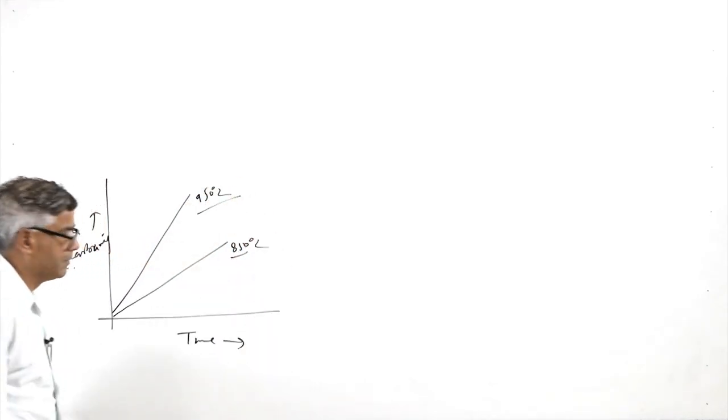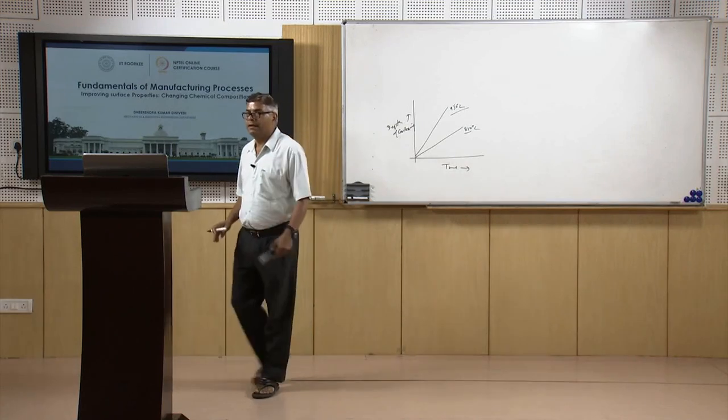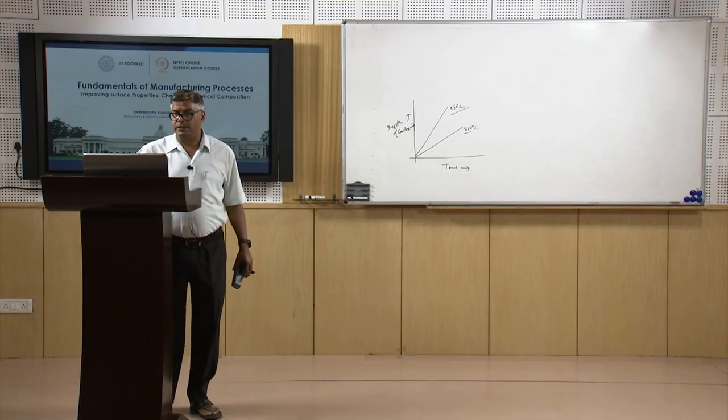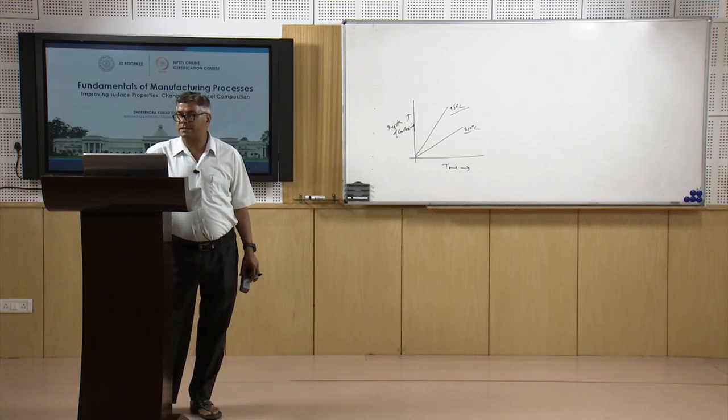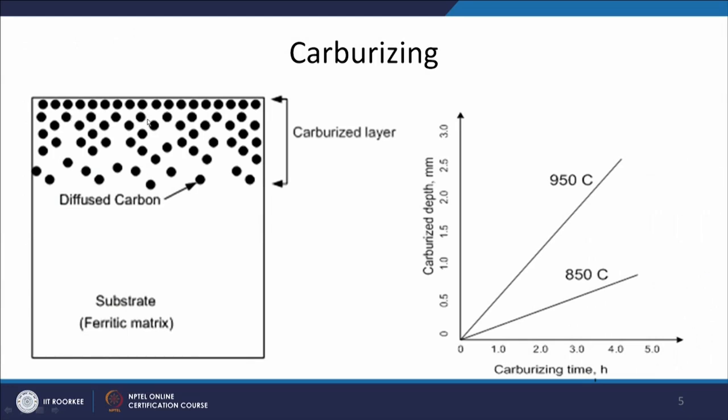So at 950 degrees centigrade, this is what we can see in this diagram. It shows schematically that the near-surface layers have a higher carbon content as compared to those below, and the depth up to which carbon is able to diffuse into the substrate is called the carburized layer. The depth of the carburized layer increases as a function of carburizing time.